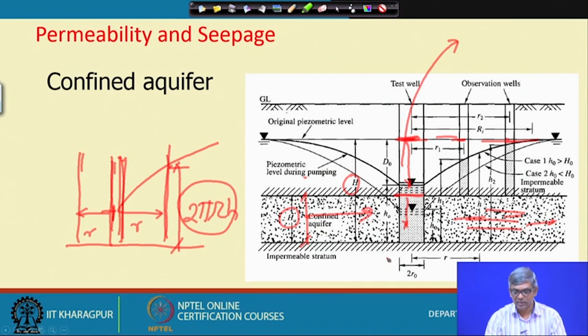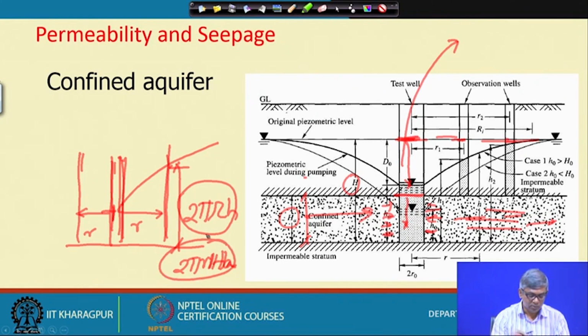Water is entering only through this much depth. So in this case, the area through which water is entering is 2 pi r into h a, which is constant here. That is the only difference from unconfined to confined.